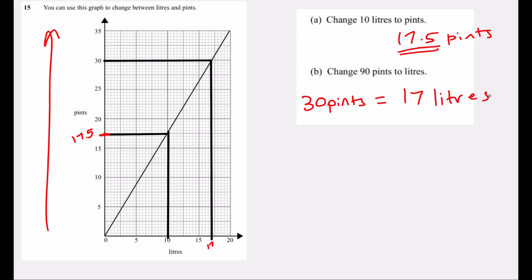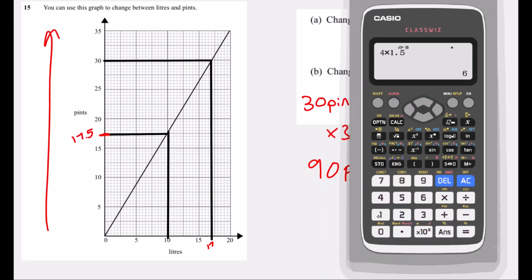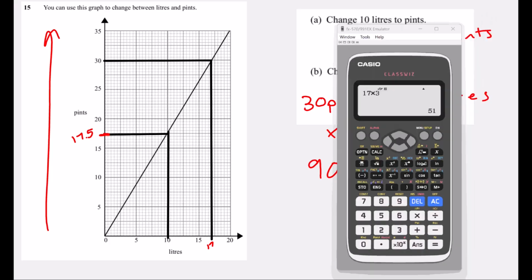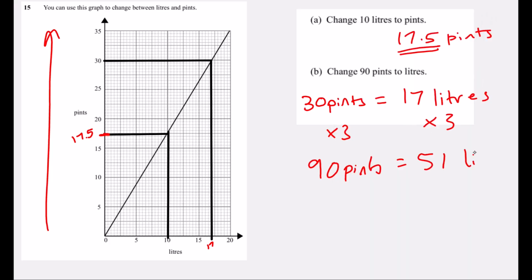So 30 pints is 17 litres. So 3 lots of this, so times it by 3, 90 pints is equal to 17 times 3, which is 51. So 51 litres.